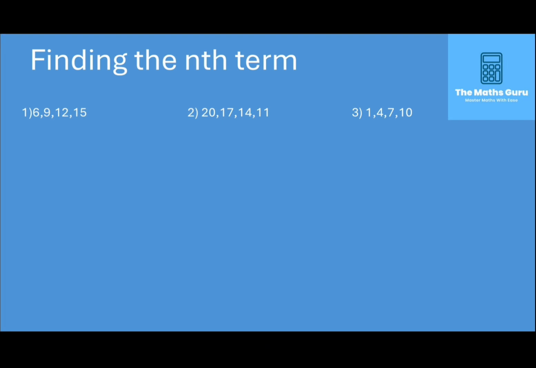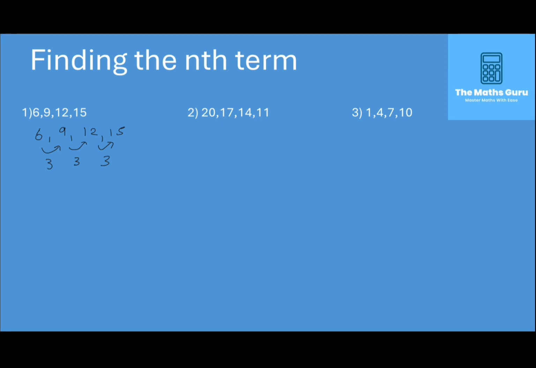I'm going to teach you exactly how to work out the nth term. Let's rewrite this question: 6, 9, 12, 15. First of all, we want to work out the common difference between each term. You can clearly see that it increases by 3 each time.